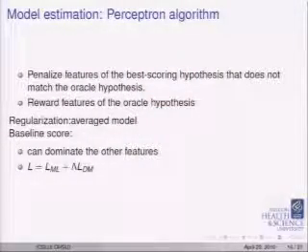So in the perceptron algorithm, we penalize the features of the best hypothesis that doesn't match the oracle hypothesis, the hypothesis with the minimum word error rate, and we reward the features of the oracle hypothesis.